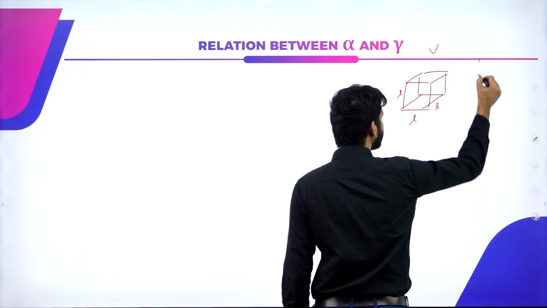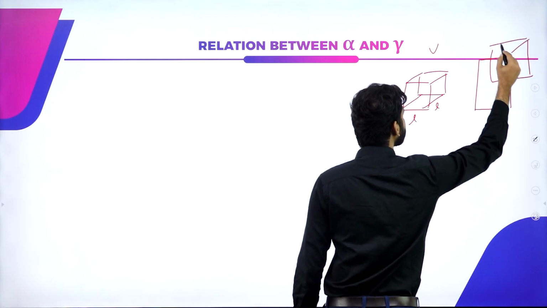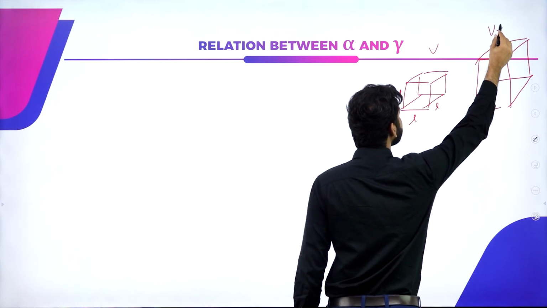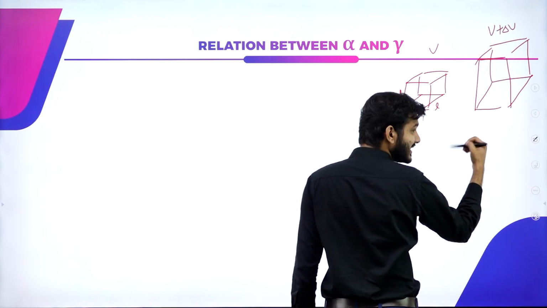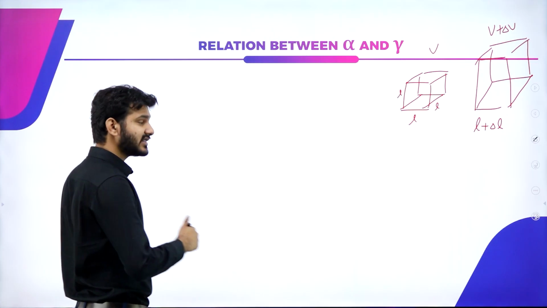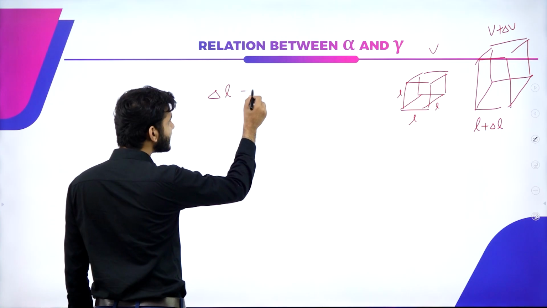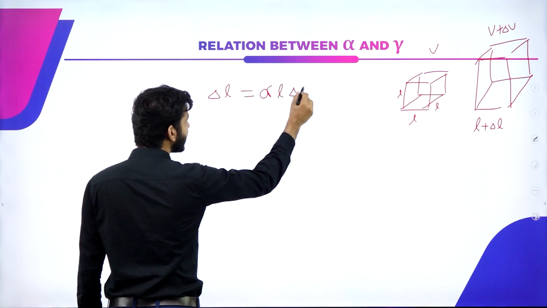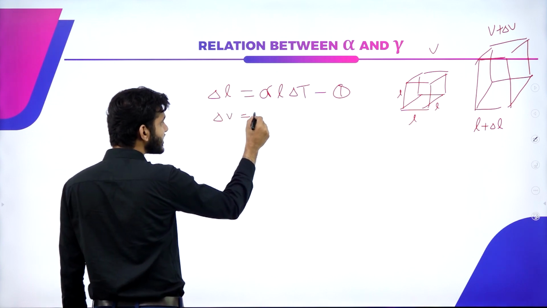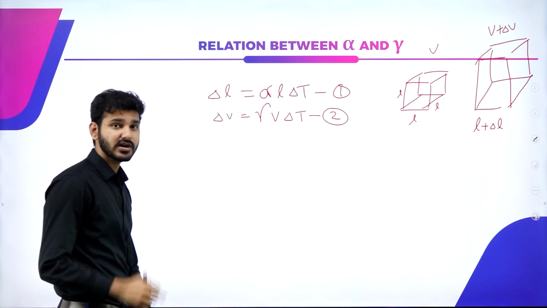So this cube has now expanded into a bigger cube, which has a net volume of V plus delta V and a length of L plus delta L. We start from the basic equations again: delta L is equal to alpha L delta T, that is equation number 1, and delta V is equal to gamma V delta T, that is equation number 2.